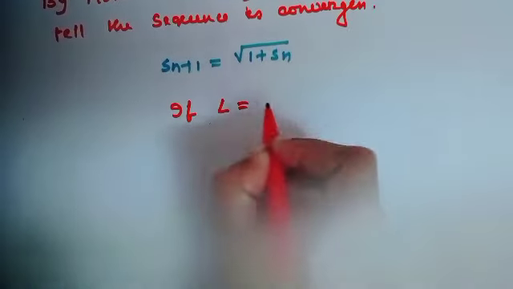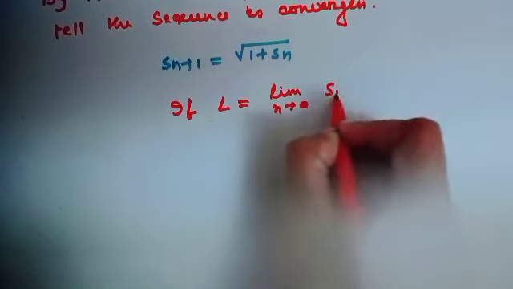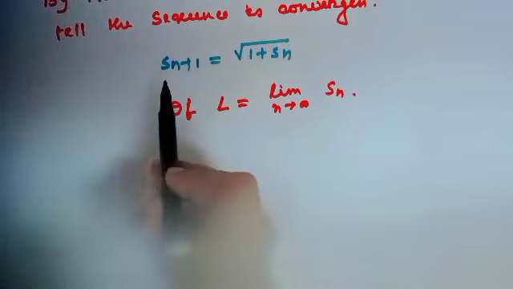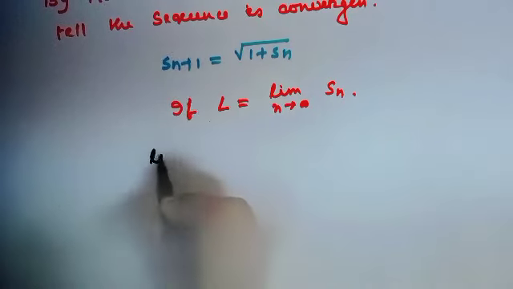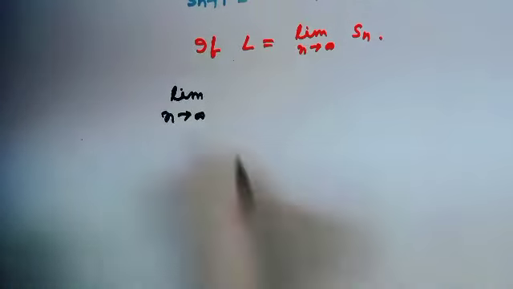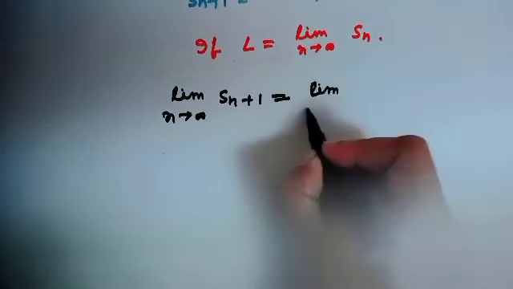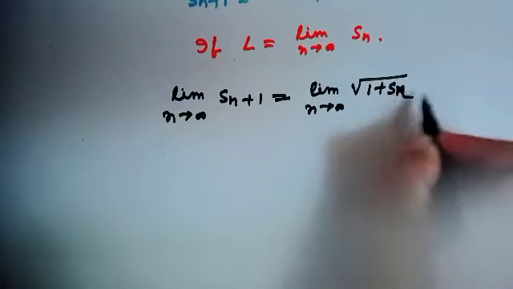If L equal to the limit as n tends to infinity of Sn, then taking the limit on both sides of the equation, we get the limit as n tends to infinity of S(n+1) equal to the limit as n tends to infinity of square root of 1 plus Sn. Okay.